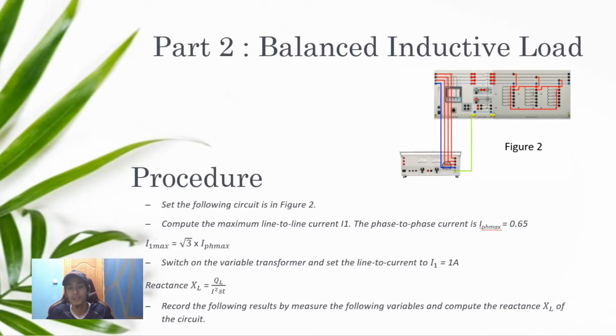I line max equals square root 3 times I phase max. Next, switch on the variable transformer and set the line current I1 equal to 1 ampere, and reactance XL equals QL over I squared. Lastly, record the following results by measuring the variables and compute the reactance XL of the circuit.